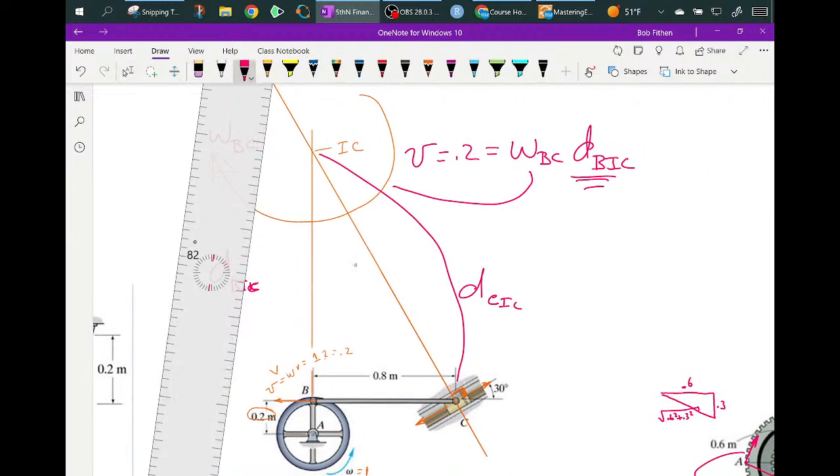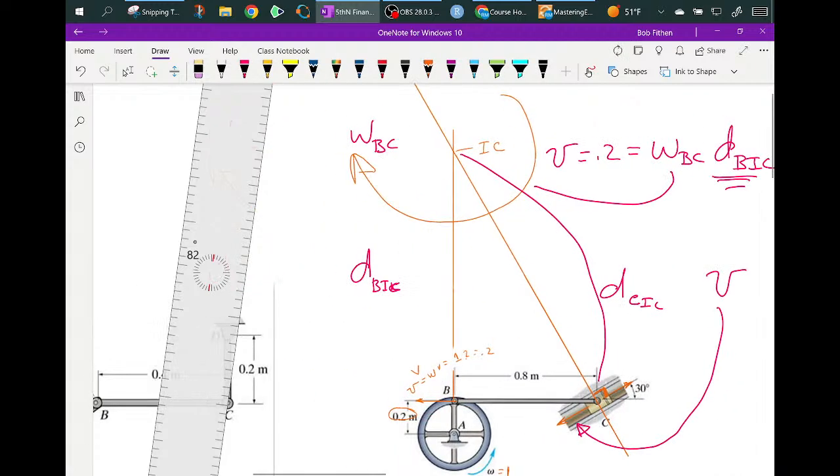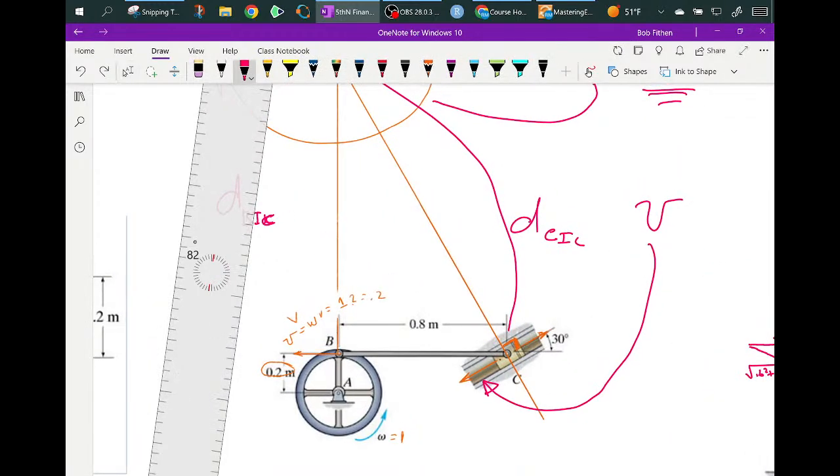Then if you want to, you can find the velocity of this spot. Now, you have to realize from here, I figured out that the rotation is in fact this way. If it is this way, then actually your velocity is most definitely like this.